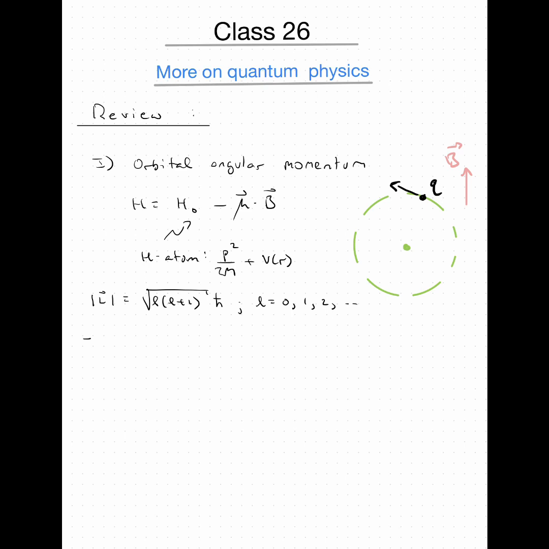And we can write this term, minus mu dot B, as minus g q B sub z over 2m naught, this looks like the Bohr magneton term, times L sub z, where for the orbital motion of the electron, g is equal to 1. Okay.